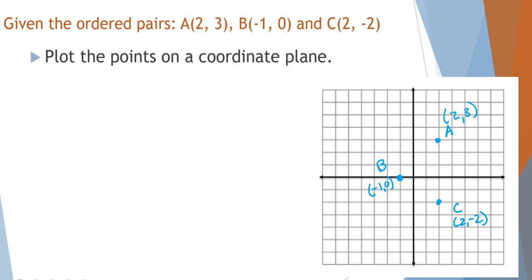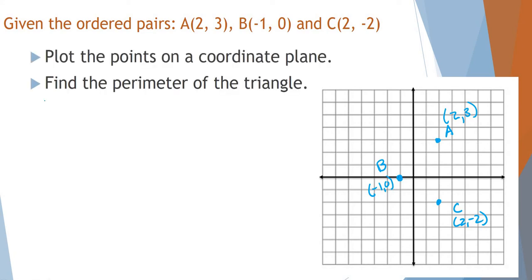I've already done that. Second thing, find the perimeter of the triangle. Okay, this forms a triangle and I need perimeter. Perimeter means I need distance. Now we just learned the distance formula.